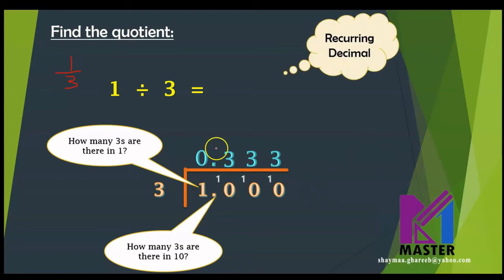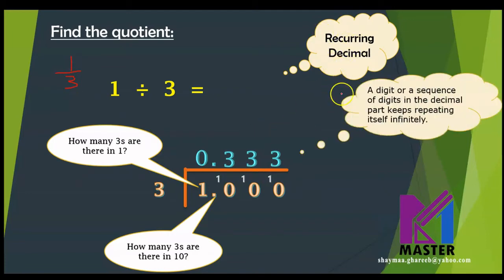In this case, we call this fraction or this decimal a recurring decimal, which means a digit or a sequence of digits in the decimal part keeps repeating itself infinitely. Is this clear? So the answer of this division or of this fraction will be 0.3333 forever.